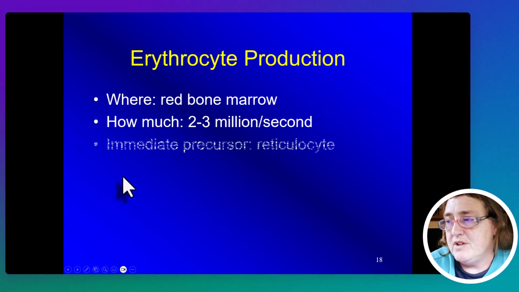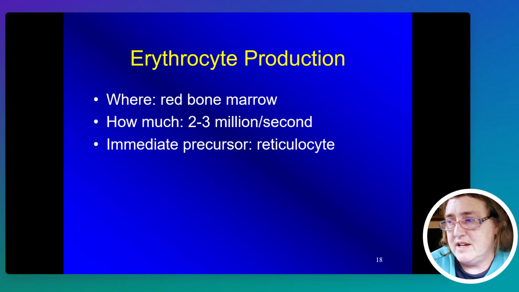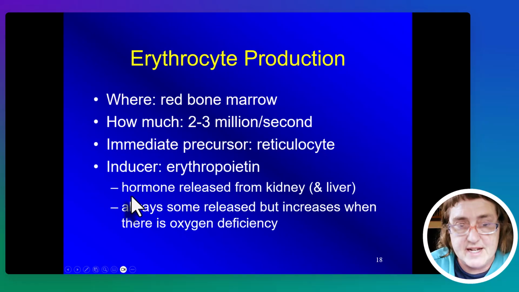What's actually produced is a cell called a reticulocyte, which does have a nucleus. As they mature, about 24 hours later, those reticulocytes become erythrocytes. What induces the red bone marrow to kick this process off is a hormone called erythropoietin.